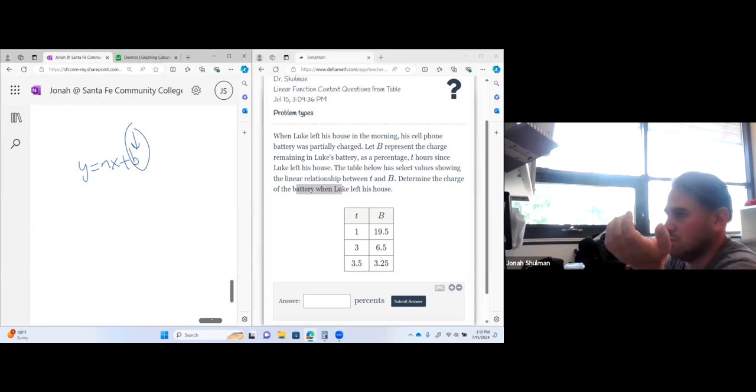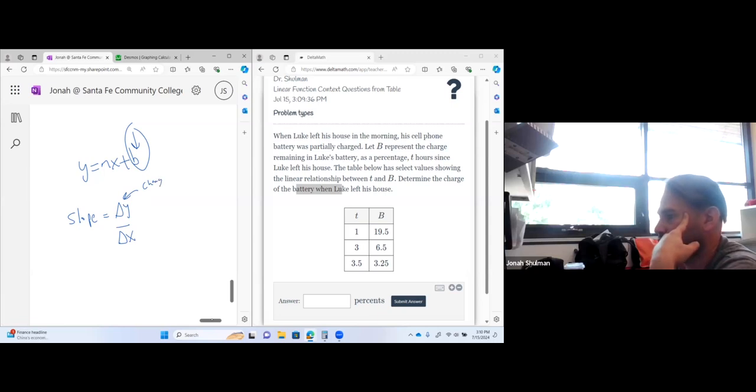So to get the slope of anything is always rise over run or delta y over delta x. Delta is just a fancy math word for change. So this is just y2 minus y1 over x2 minus x1. We're assuming that it just changes normally. So we're just going to use these two because they have whole numbers.